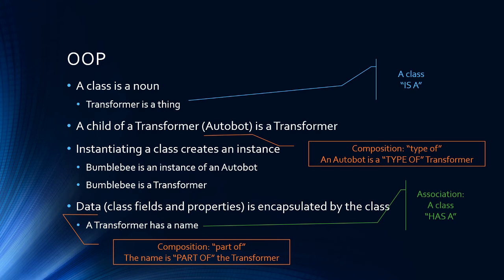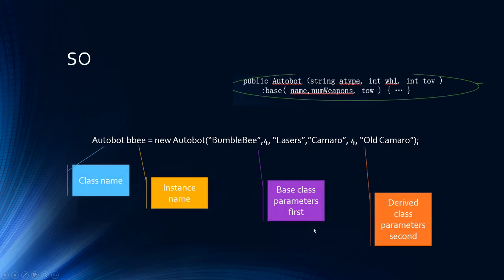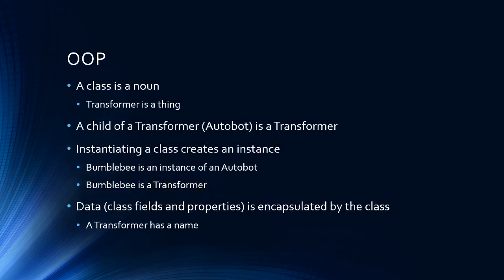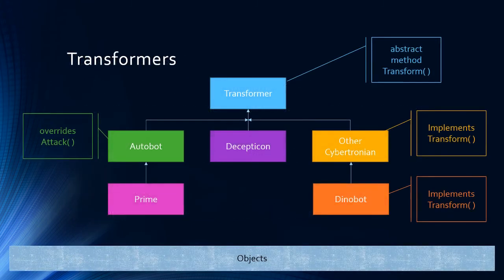So all of these different types of relationships are just different ways for us to verify that our design is correct. I should be able to look at any sort of design diagram that I have and use these methods.